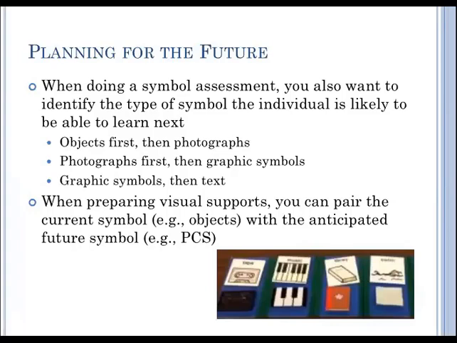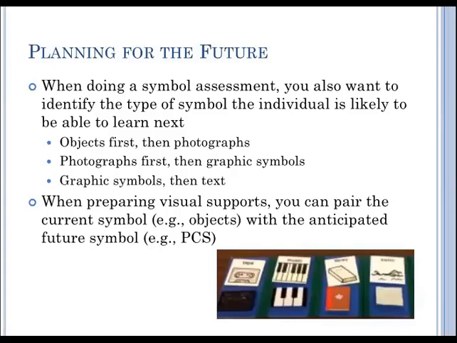So a person who's using objects today, it might make sense for them to use photographs next. So our next goal will be to teach them to understand photographs. You might have a student who's using photographs right now, but you want to work towards transitioning to graphic symbols, because graphic symbols can also be used in an academic context more easily to adapt curriculum.